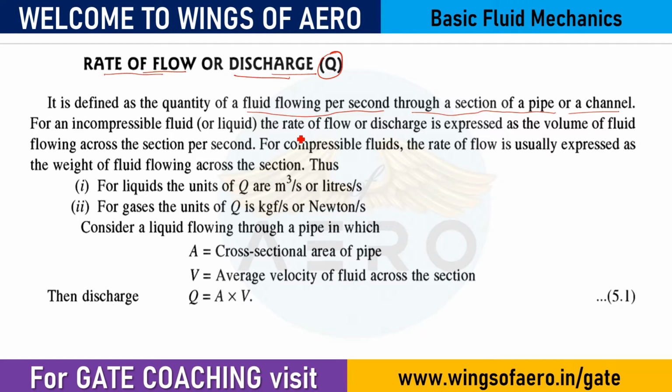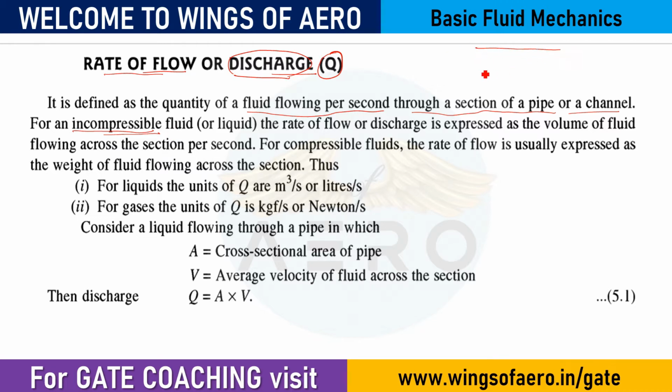Now first of all, when we discuss this discharge, this means it is an incompressible fluid. What do you mean by incompressible? When the density is constant. Density does not vary across the pipe.